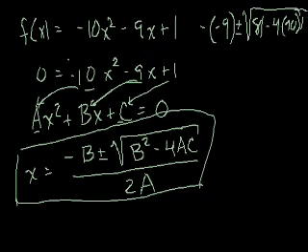I know this is messy, but hopefully you're understanding it. And all of that over 2 times a. Well, a is minus 10, so 2 times a is minus 20, right?